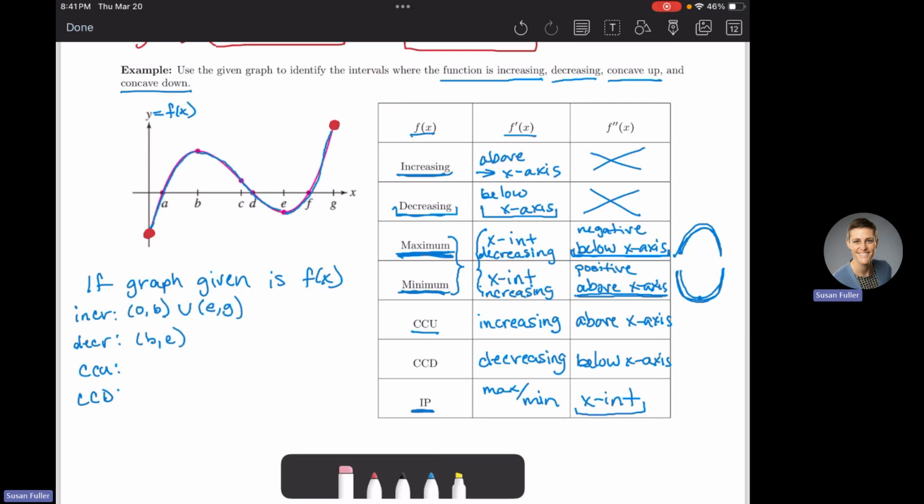Okay. How about concave up and concave down? And again, concave up is any part of a smile, and concave down is any part of a frown. So I'm just going to kind of start with what we know. And so I'm going to say, okay, this is frowny, right? That's definitely frowny.